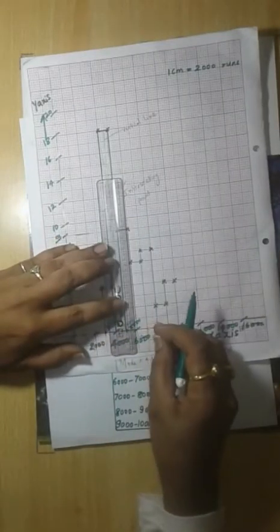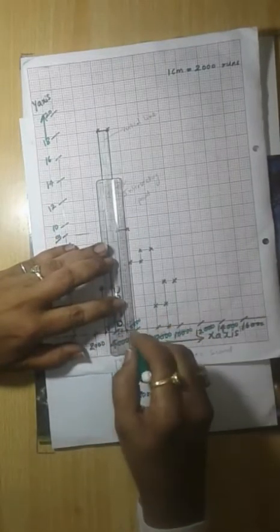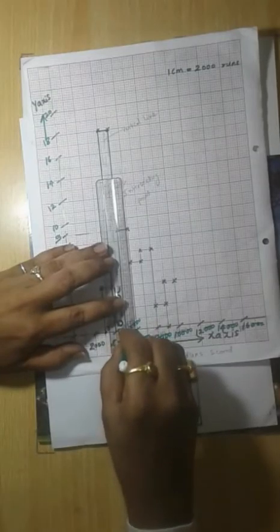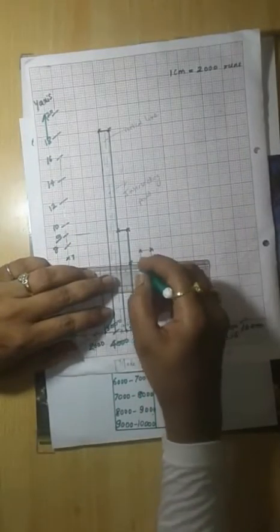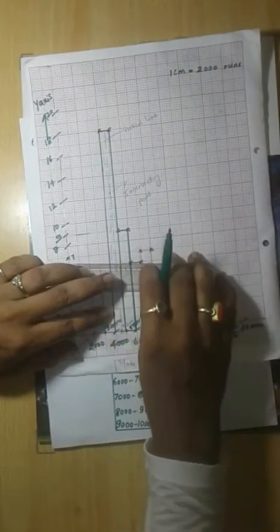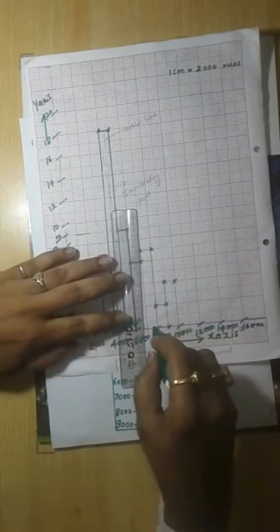Next this value. Next up to 6000 is over. Next up to 7000.